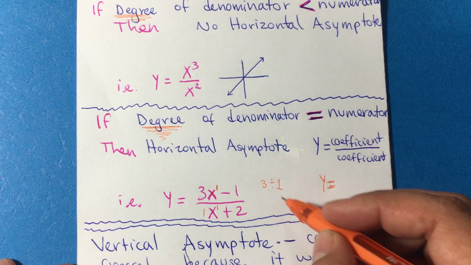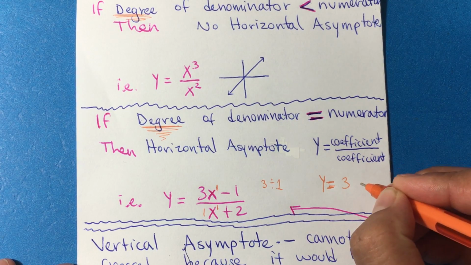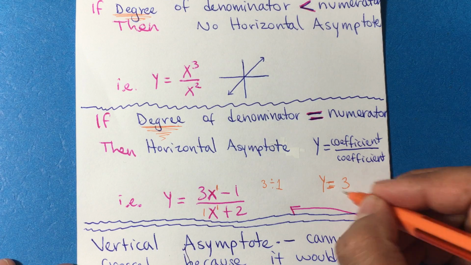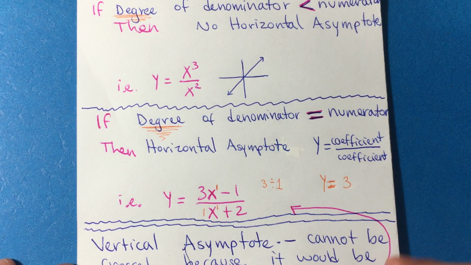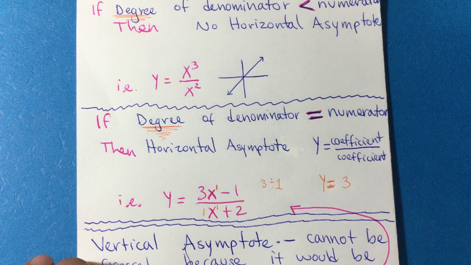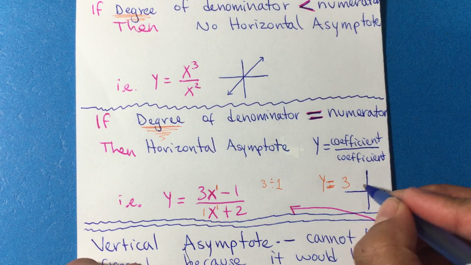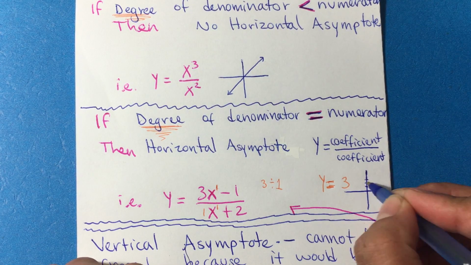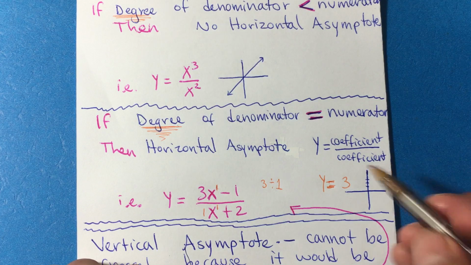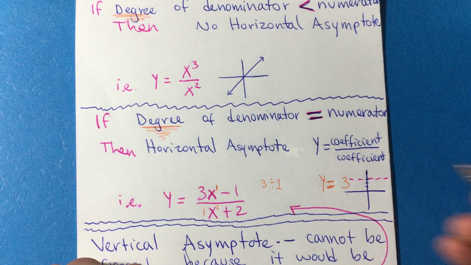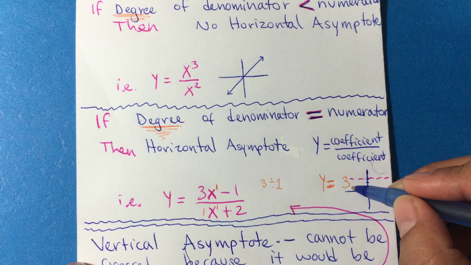So 3 divided by 1 is 3. That means my horizontal asymptote is going to be at y equals 3. It's going to go through there, and the graph will go something like this.